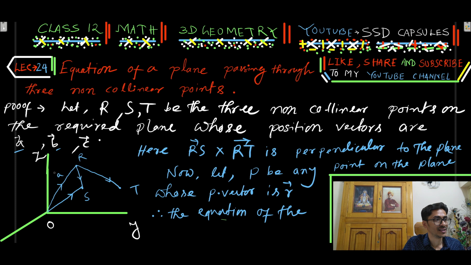Here point R has position vector a vector, point S has B vector, and point T has position vector C vector with respect to the origin.